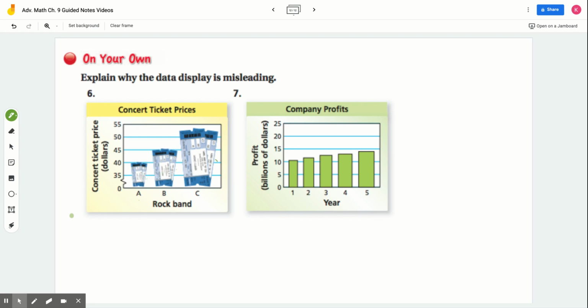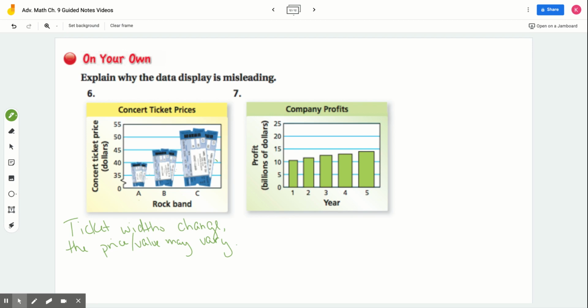So since the ticket widths change, we think that the price might change. So I'm going to say the price or value may vary. Because since they're not the same width, it kind of tricks your mind to thinking they're like exponentially larger.